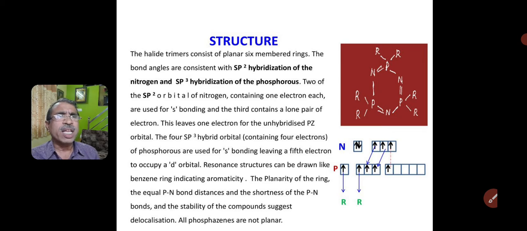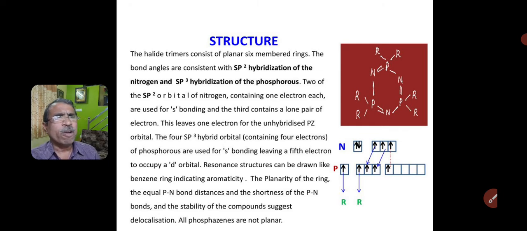Of these, 2 are involved in sigma bond formation with alkyl or aryl or chloro groups, and the other 2 in sigma bond formation with the 2 nitrogen atoms.